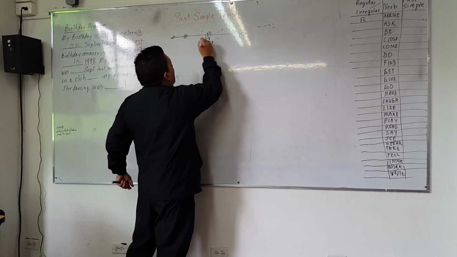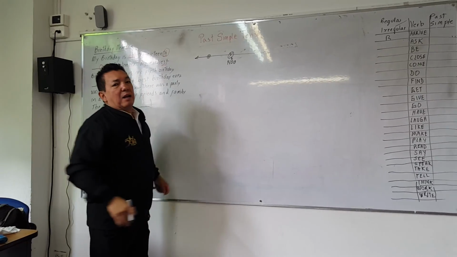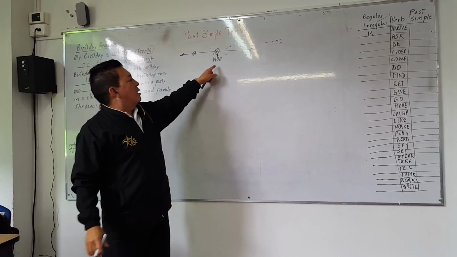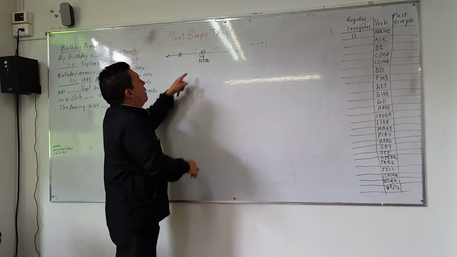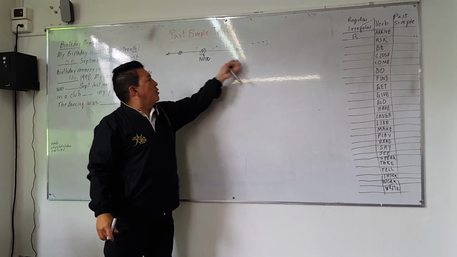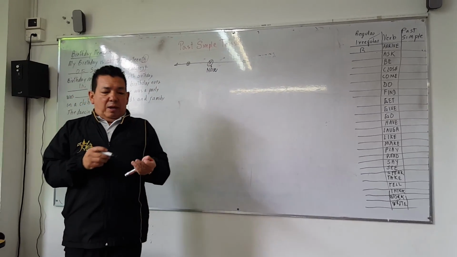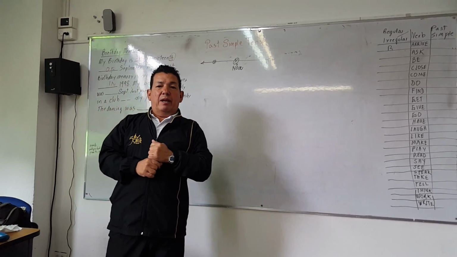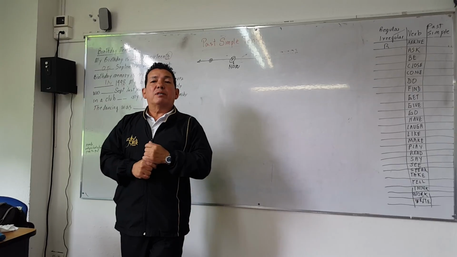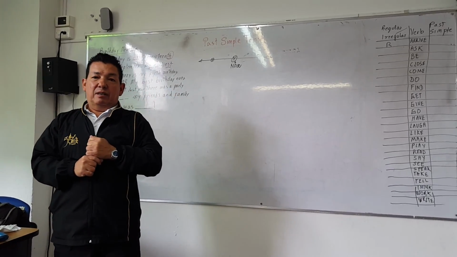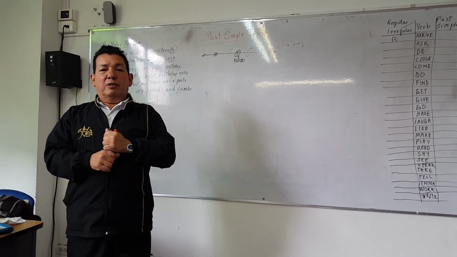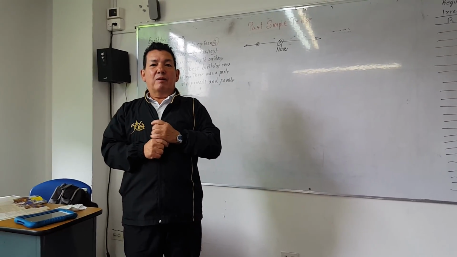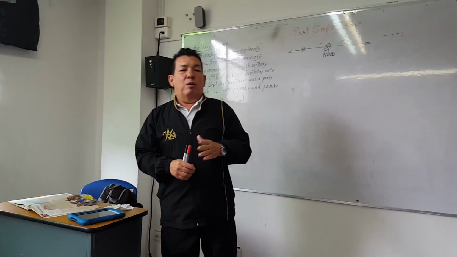We are now here, so it's an action that had no connection with the present or future. So we are going to see today the affirmative form, the negative form, and the questions. That's right, Mauricio? Yes, teacher, I understand. All right. So let's see.